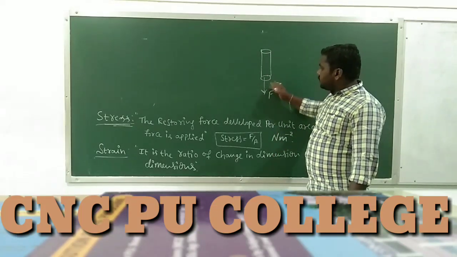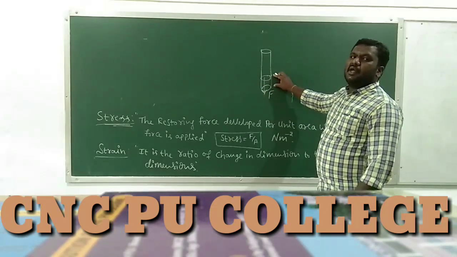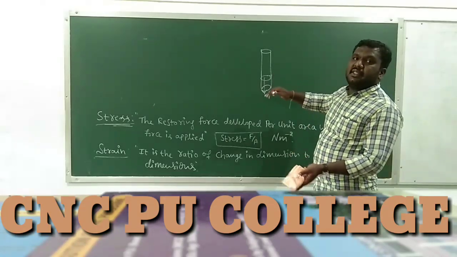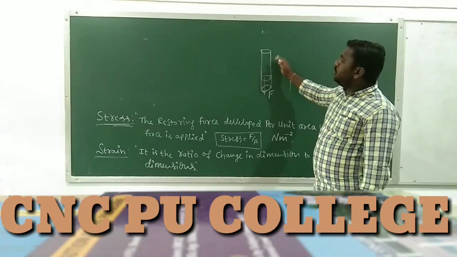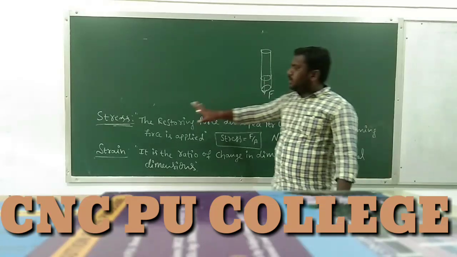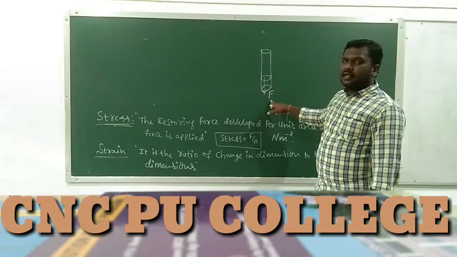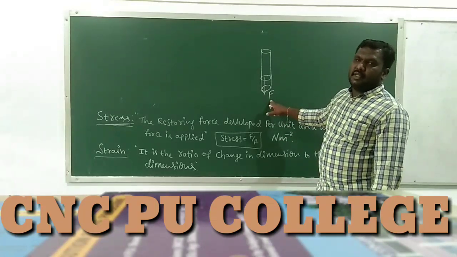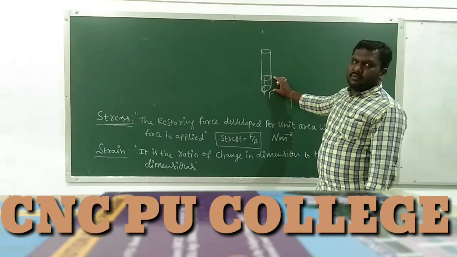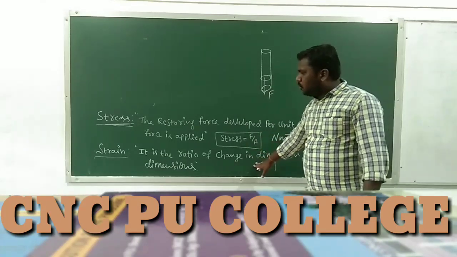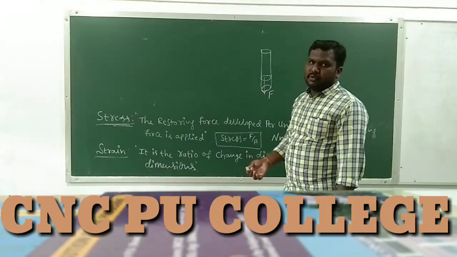So that restoring force per unit area, that is stress, becomes more. Stress becomes more if the applied deforming force is more. In the same way, if deforming force is more, the change in dimension is more. If the change in dimension is more, then the numerator is more, which means the strain also becomes more.